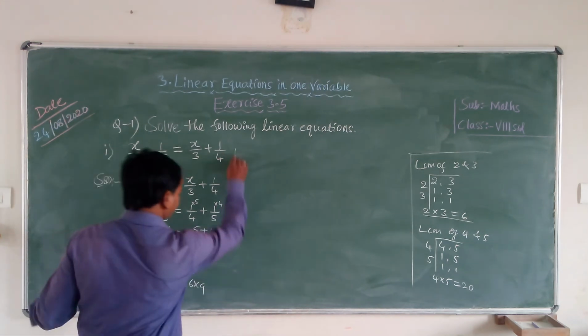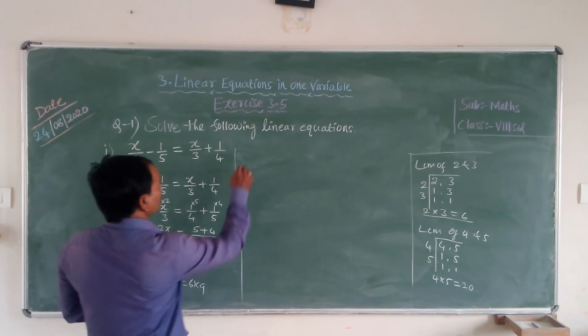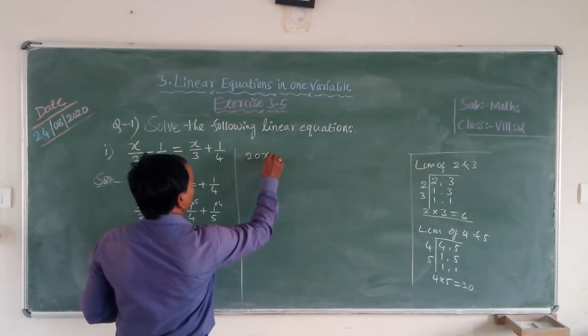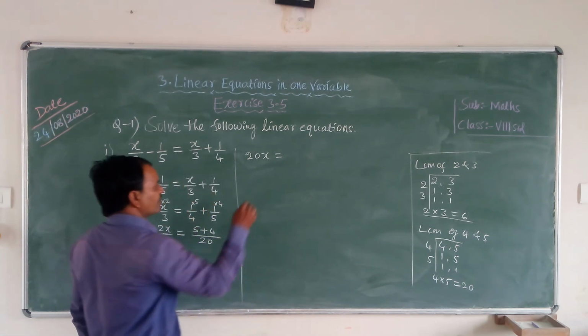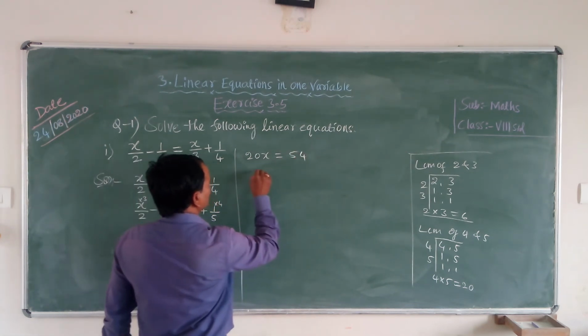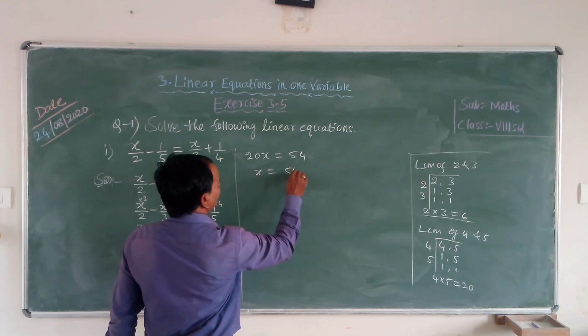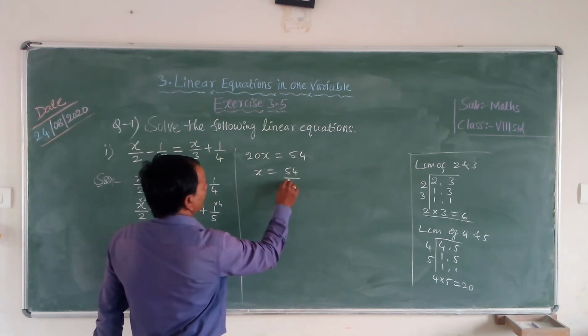So 20 into x, 20x is equal to 6 into 9. 9 sixes are 54. So x is equal to 54 divided by 20.